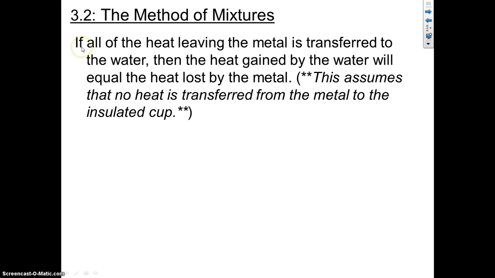And if all of the heat which leaves the metal is transferred into the water, then we could say the heat gained by the water, the magnitude of this, will equal the heat lost by the metal. But of course this assumes that we have no heat being transferred from the metal to the external environment, like the cup. So that's kind of an assumption we have to make.